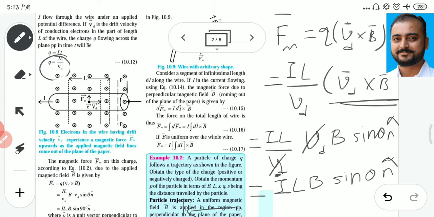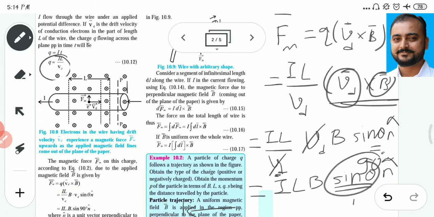But friends, remember here that V and B are perpendicular to each other, and so we can replace this theta by 90 degrees. And what is the value of sine 90? That is 1. So finally we get the relation I into L into B. And what is this unit vector n cap? It is the unit vector in the direction of force acting due to the magnetic field.